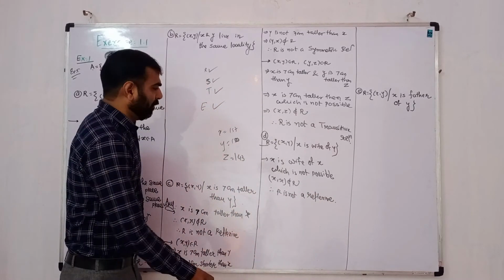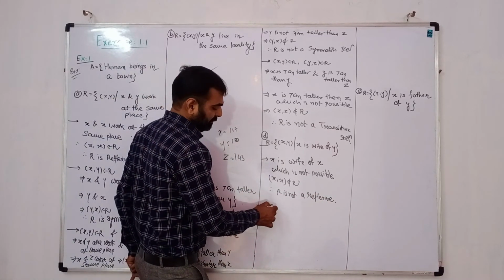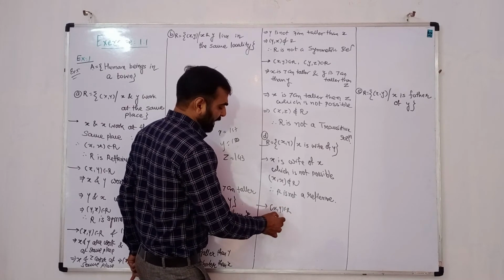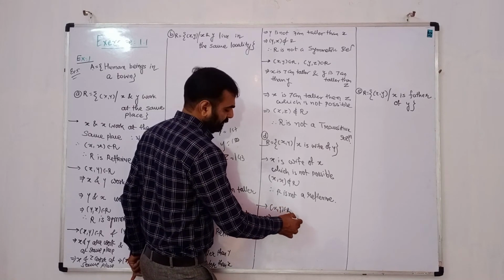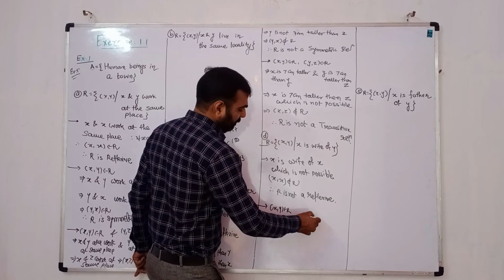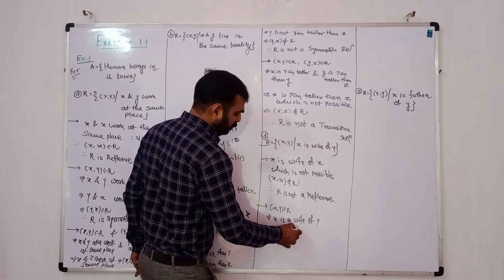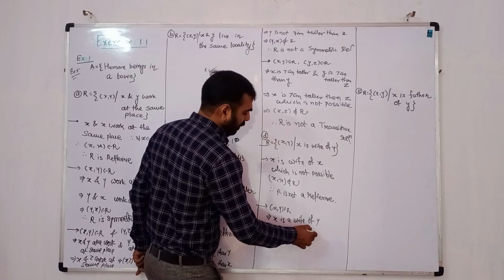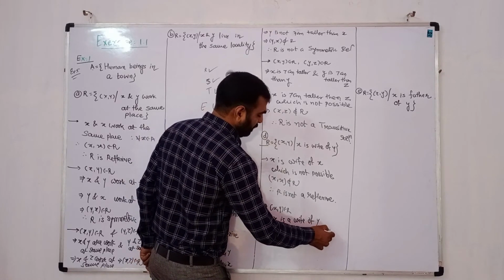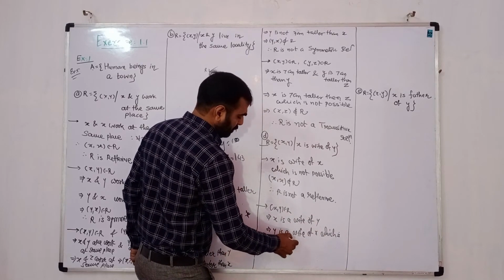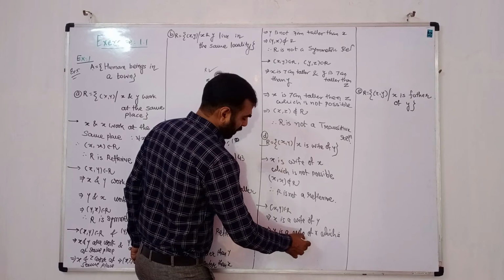Okay. Now it's time for symmetric. X y belongs to R. So X is a wife of Y. So y is the wife of x? No. Which is not possible.